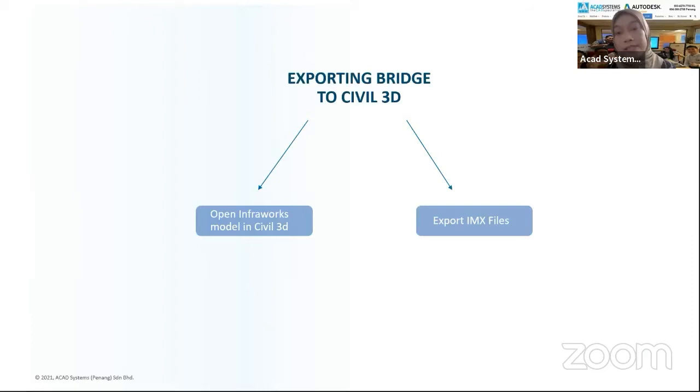The second option is to export the IMX file first from InfraWorks. The function of the IMX file is that if, for instance, you want to open an InfraWorks model in Civil 3D or Revit, you can first export the model or project into an IMX file, and then import the IMX file into other software.